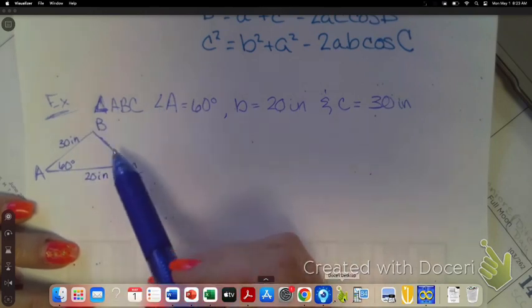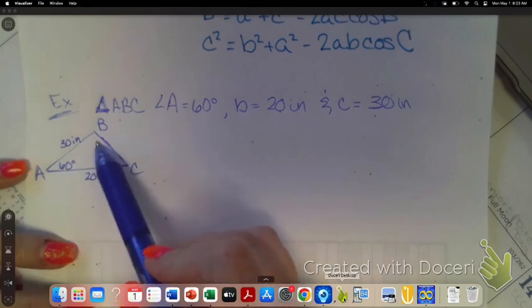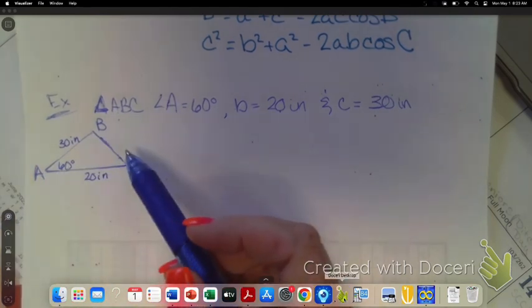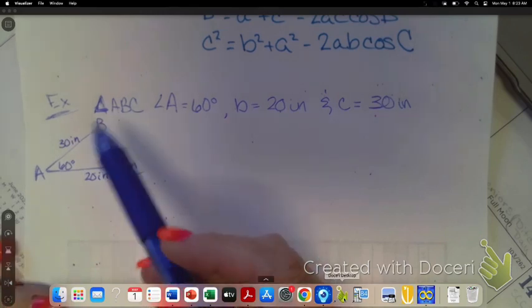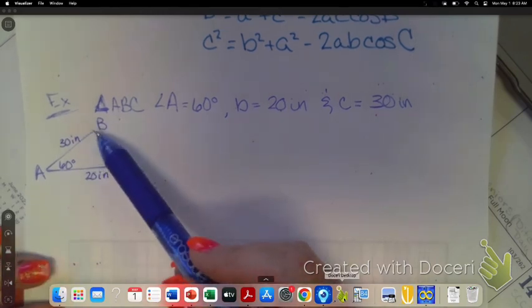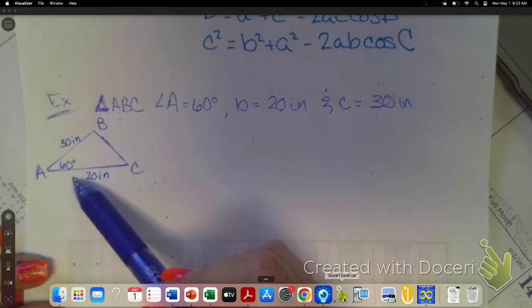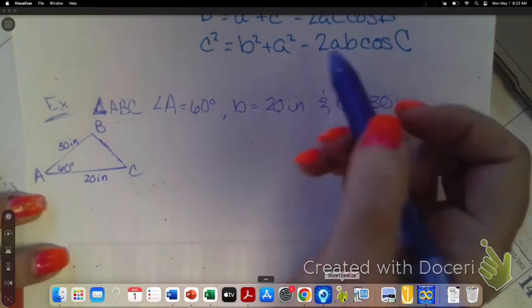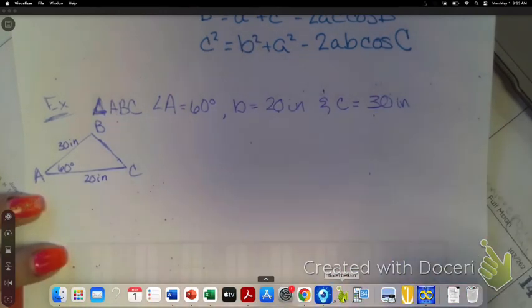Now, law of sines, if I had two angles, I can always use law of sines, as long as I have one side. So look how the picture looks. It's actually the two sides and the included angle I have, isn't it? Okay, so that'd be a side angle side. So we're just going to use this. I'm going to tell you with law of cosines, there's only one triangle.